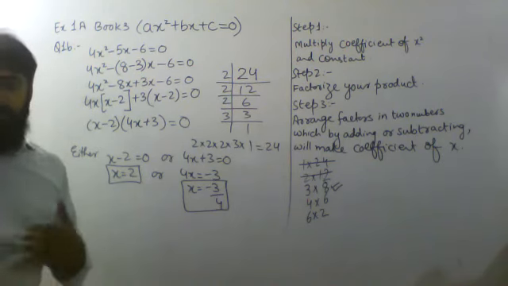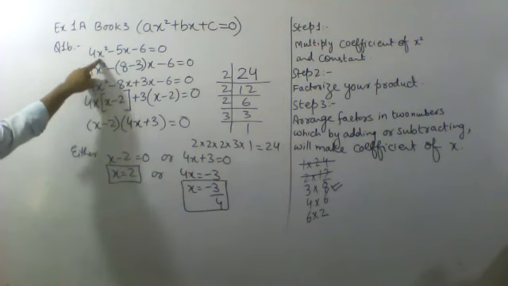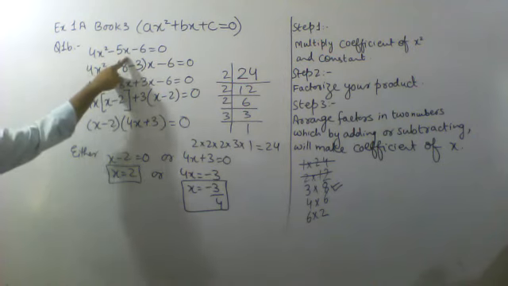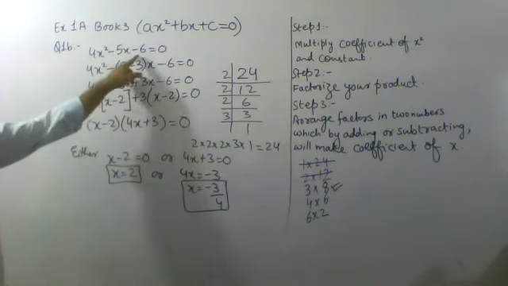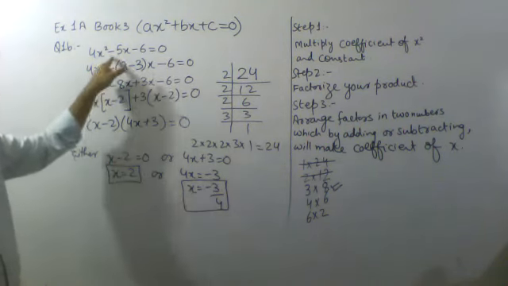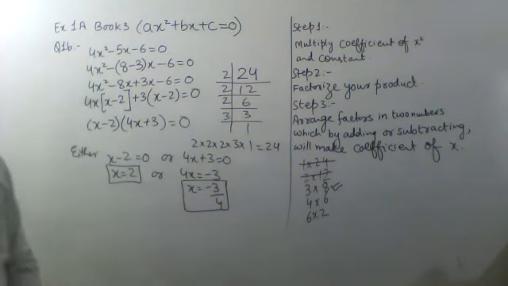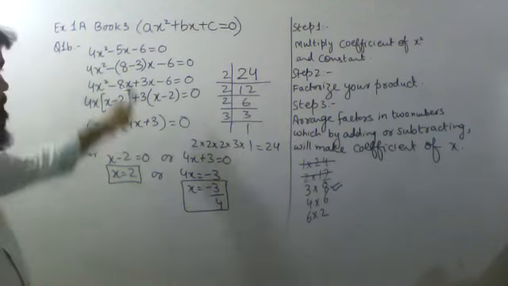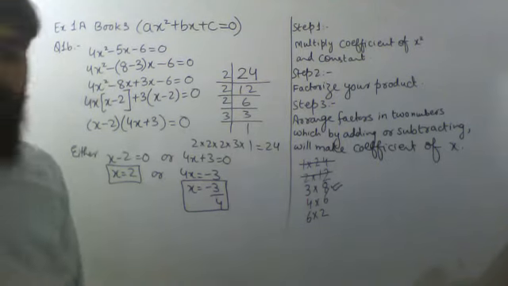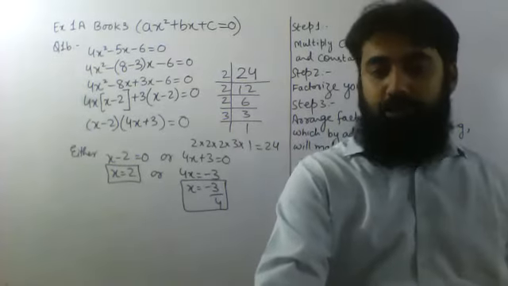This is also one of the ways to check your answer. If I put x equals 2 over here and simplify it, the result should be equal to 0. Or I put minus 3 over 4 over here and simplify it, the result will be equal to 0. If by putting both values the result comes 0, it means that your answer is correct. Otherwise, you have to check your answer again.